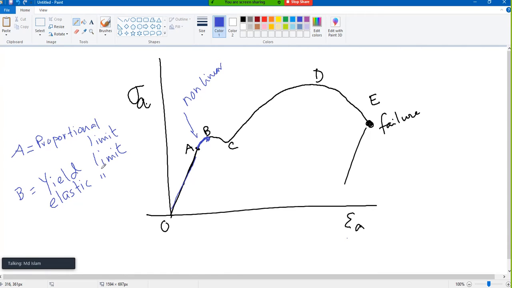Now what is elastic limit? Elastic means if I remove load, it will come back to original position. So when it is at B, if I remove the load, it will come back to my zero position. There will be no deformation.